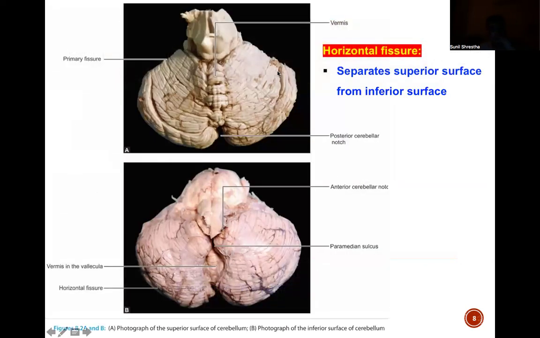And if you see the horizontal feature, the horizontal feature is responsible for what? It is responsible for separating the superior surface from the inferior surface. So if you see here in this region, this one is a horizontal feature. Now, if you also see from this photograph, it looks continuous in the superior surface, but in the inferior surface between the two cerebral hemispheres, there is a pyramidal sulcus.